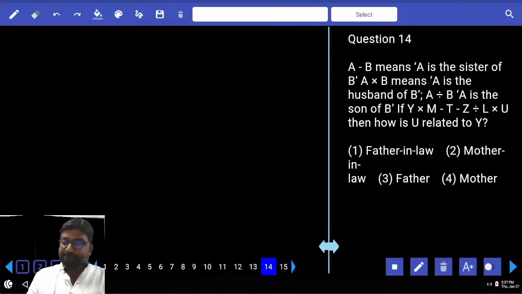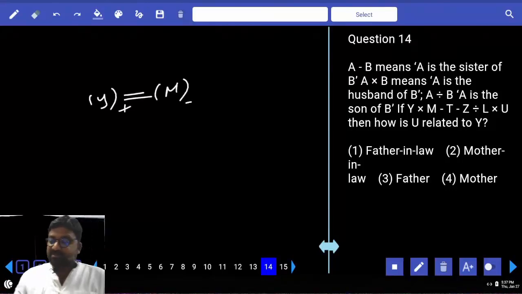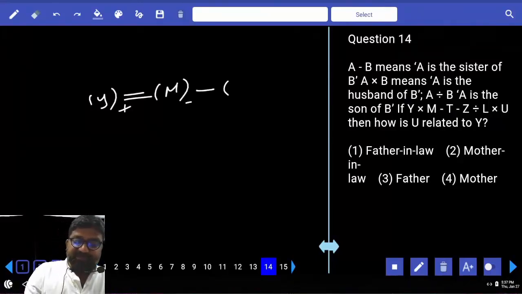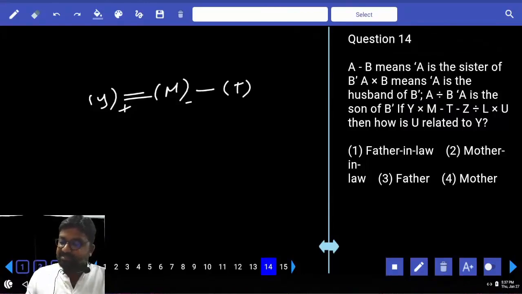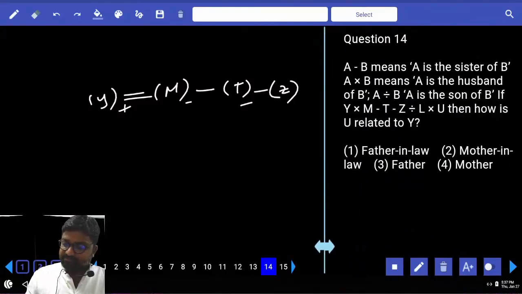Tell me, what is this? Y is the husband of M. M means minus. M minus T. M is the sister of T. T minus Z. T is the sister of Z. Z divided by L. Divided by means son.